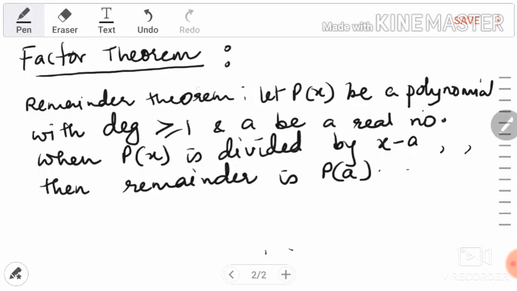To understand factor theorem, we will have to recall remainder theorem that we studied in the previous video, which says that if p of x is a polynomial with degree greater than or equal to 1 and a is a real number, then on dividing p of x by x minus a, the remainder will be p of a.